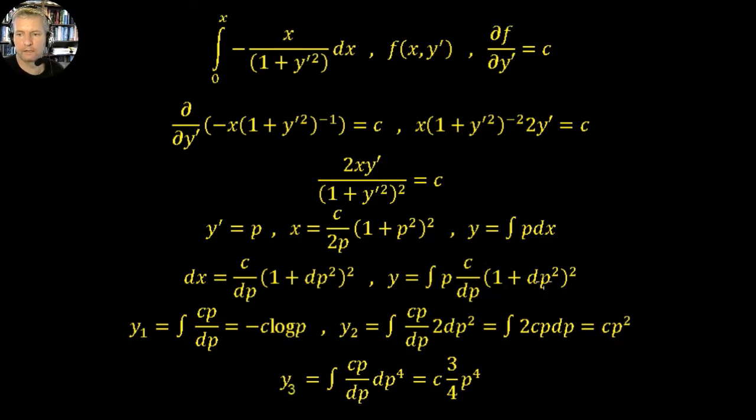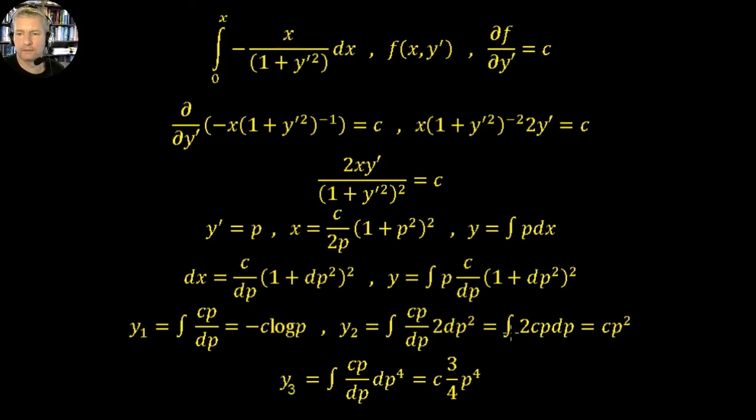Now there's a squared term here, so there's going to be 3 terms multiplied by this. So we'll do each of them separately. So we'll end up with a y1, y2 and y3. So the y1 term is the integral of cp all upon dp. And that's going to give us our value of minus c log p. And the second term here is going to be cp upon dp 2 dp squared.